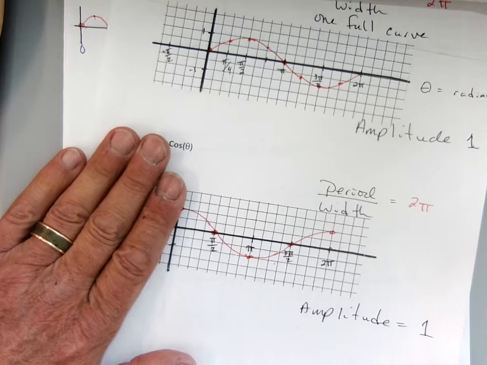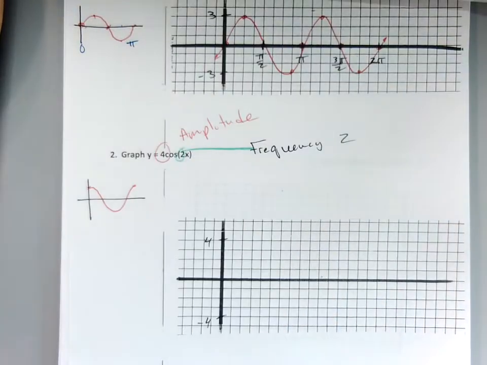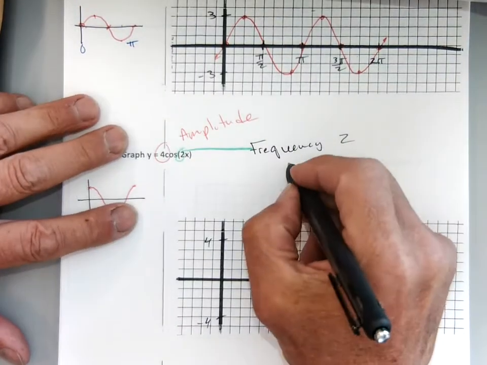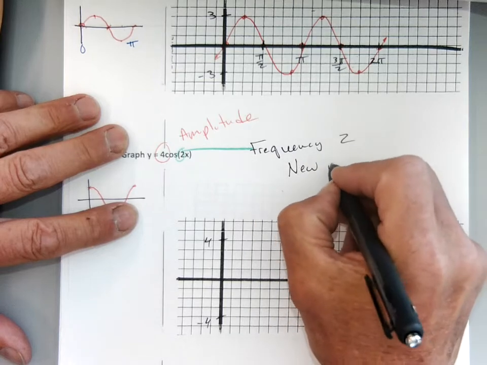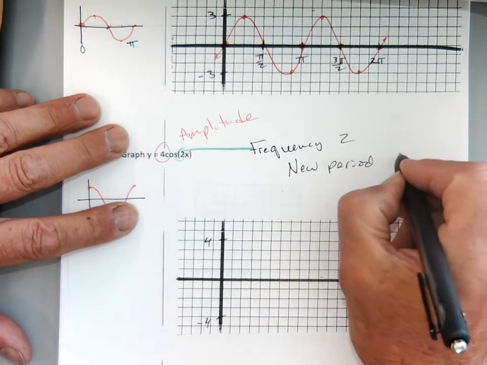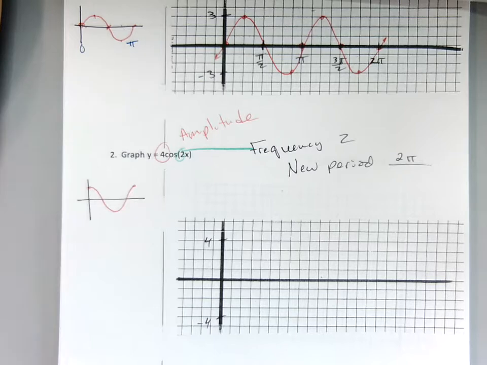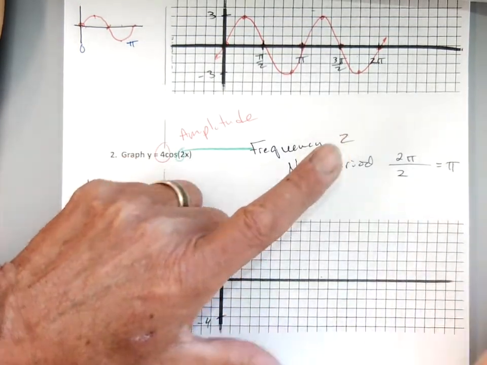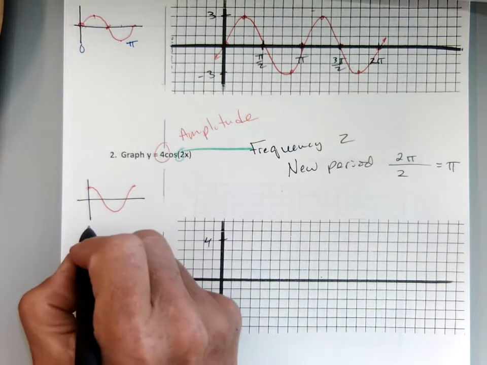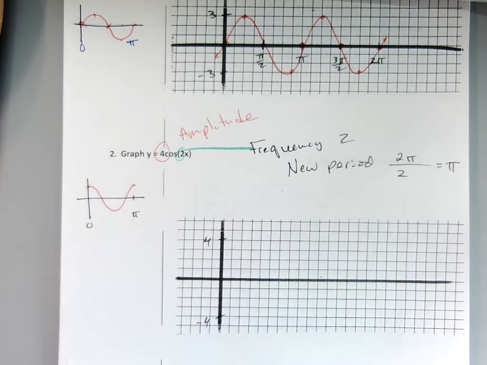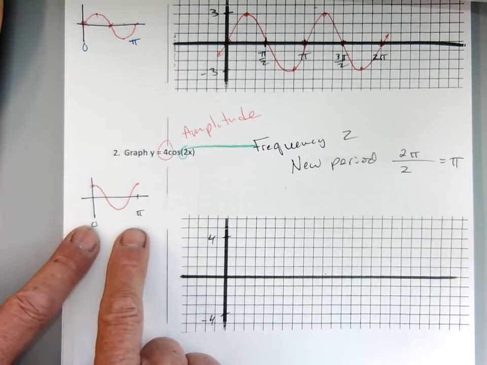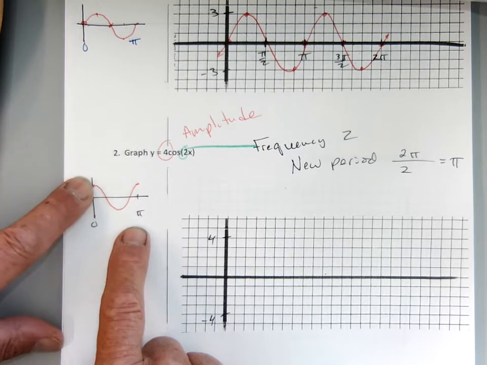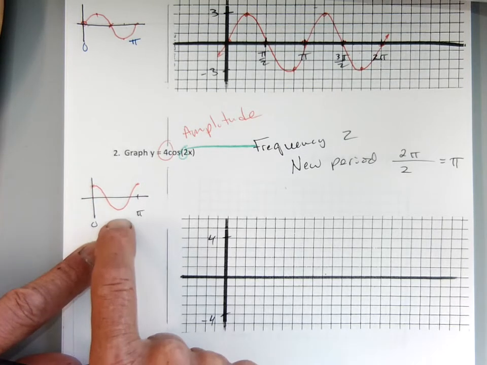That means my 2 curves have to be half as wide, or the new period would be 2 pi, always 2 pi, because that's the standard curve, divided by the frequency, which is 2, which gives me a new period of pi. So I'm going to take this shape and put it between 0 and pi. It'll have a height of 4 down to -4.